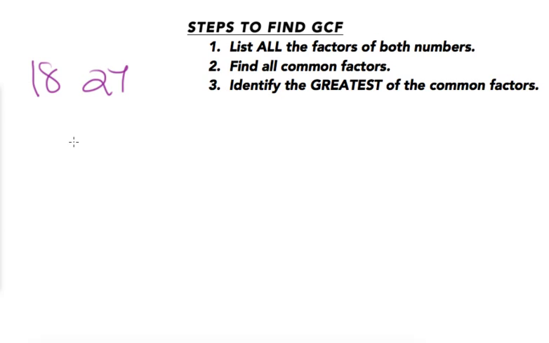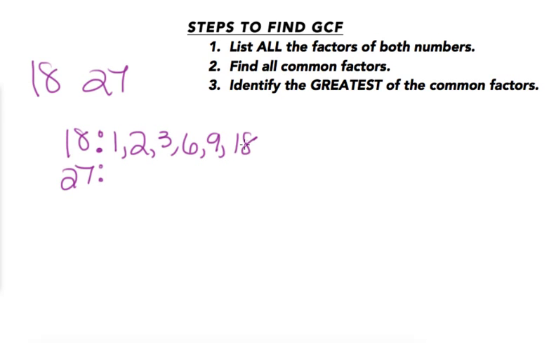All right, so let's check your work finding the GCF of 18 and 27. Hopefully these are the factors you found of each number. The factors of 18 are 1, 2, 3, 6, 9, and 18. Factors of 27 are 1, 3, 9, and 27. Okay, let's find out what they have in common.